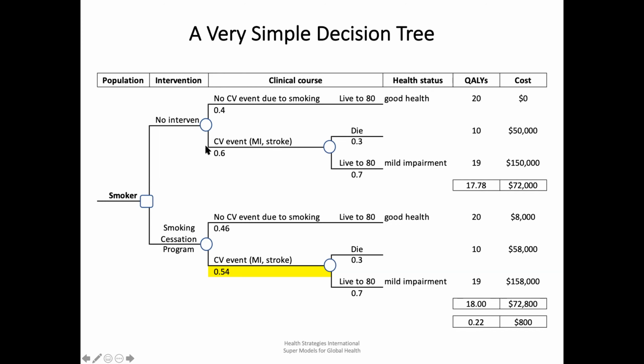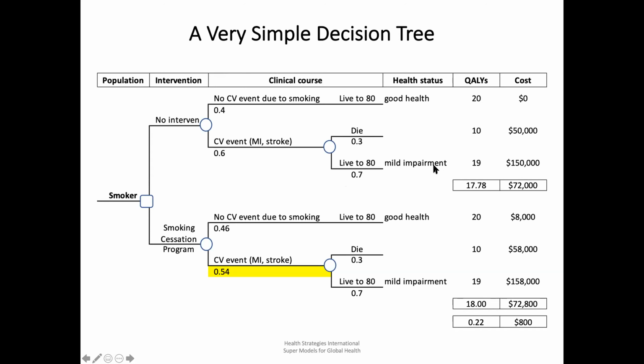But they have a 60% chance of having a cardiovascular event, either a heart attack, an MI, or a stroke. If that happens, there's a 30% chance of dying and a 70% chance of living, but with mild impairment. If they die, estimated halfway through their life expectancy, so 10 QALYs instead of 20, they've lost 10, with a cost of $50,000.